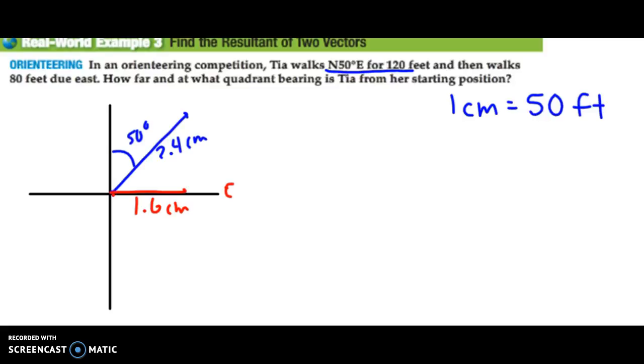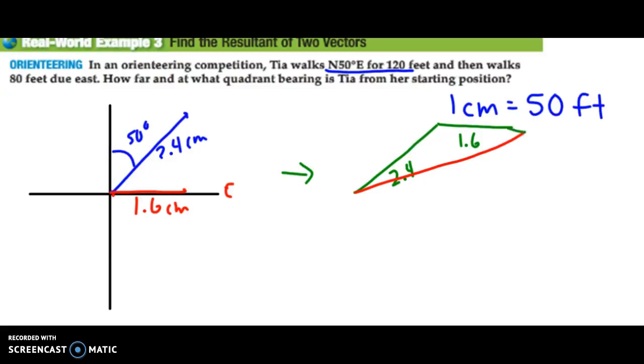So what we're going to do is we're going to come over here, okay? And I'm going to draw my line, okay, 2.4 centimeters at a 50-degree angle. And then I'm going to draw my 1.6 centimeters due east, so 0 degrees. And then what I'm going to do is I'm just going to draw a straight line from tip to tip, right about there.